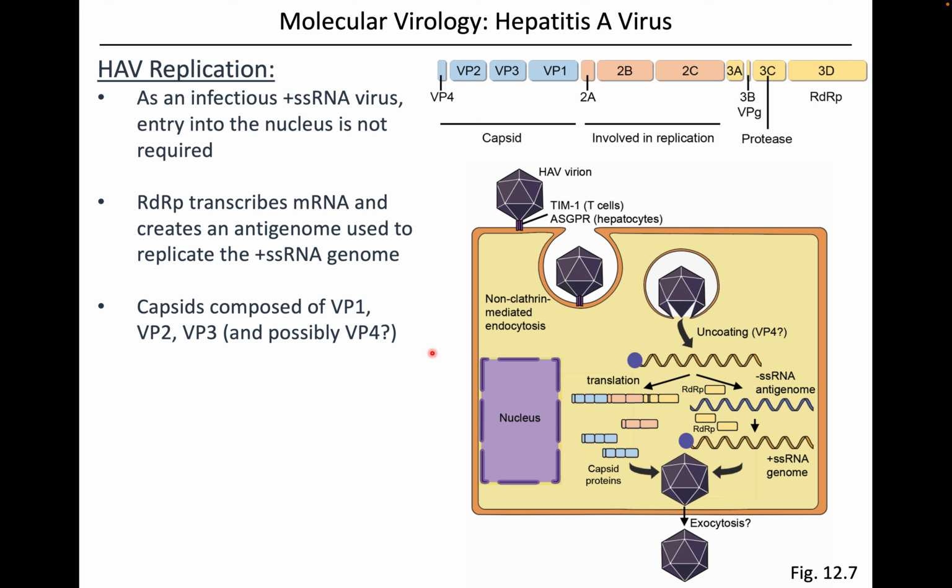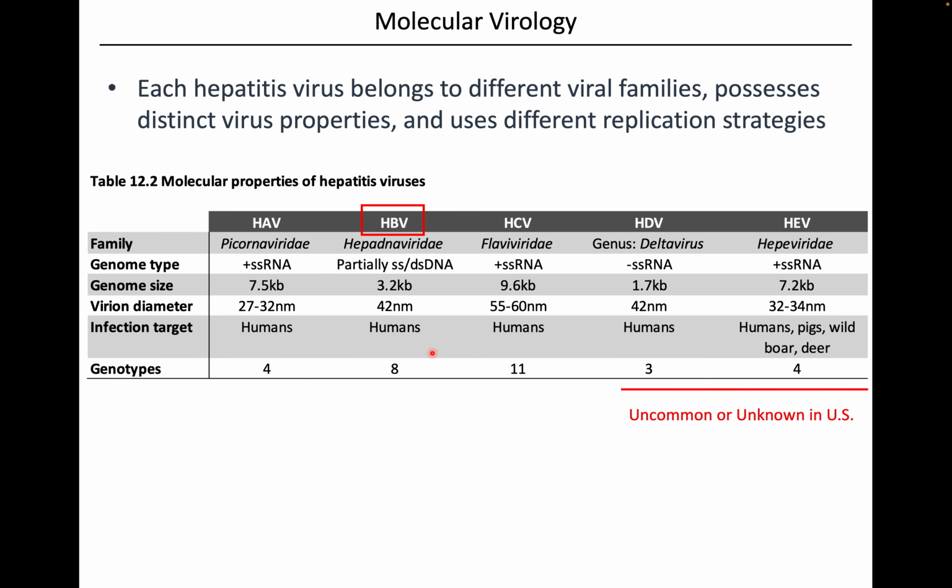So pretty simple. Honestly, that's about as simple as a viral replication cycle can get. And good news is, as I said at the beginning, we're going to see something pretty similar with hepatitis C coming up.